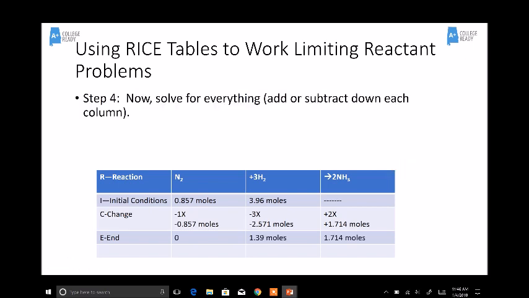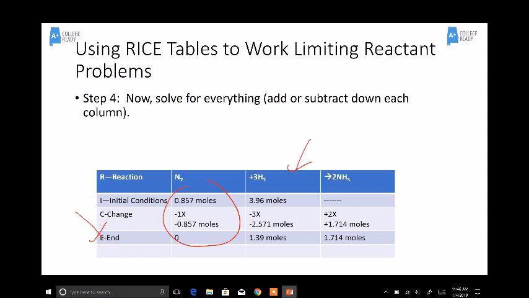Step 5, now we solve for everything. And we do that by adding up everything down each column. So we'll add up positive 0.857 and negative 0.857 to get 0. That means when the reaction's over, all of our nitrogen has been used up.